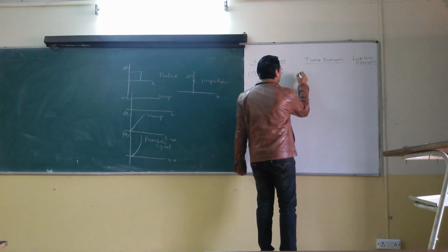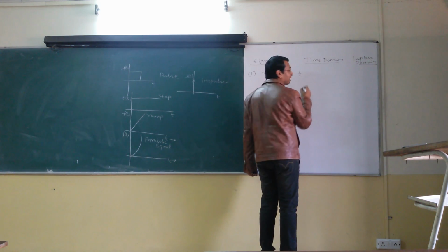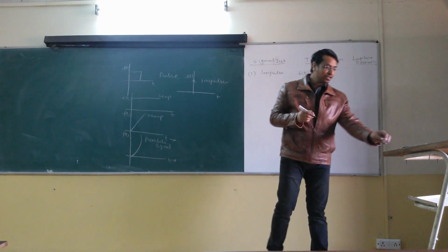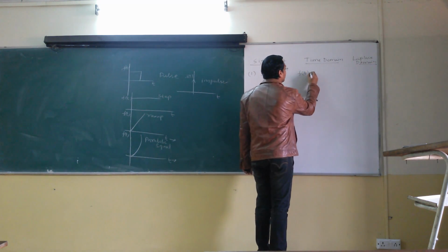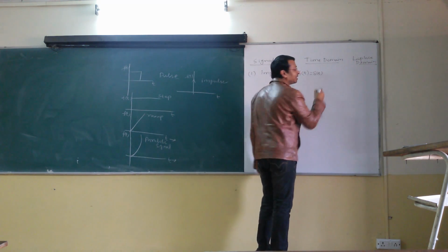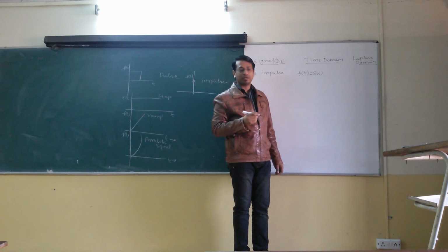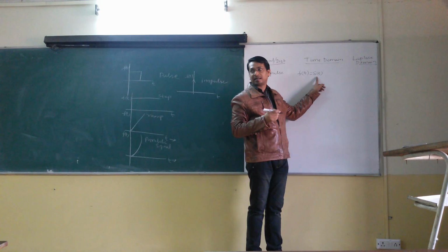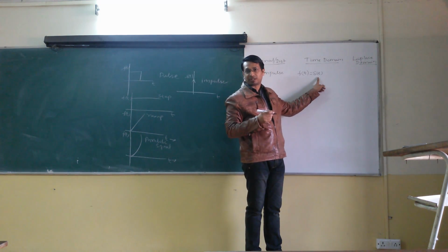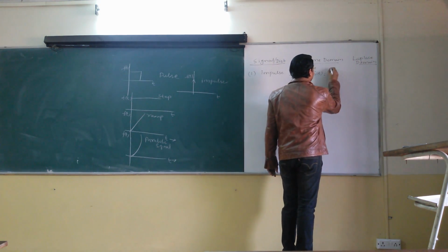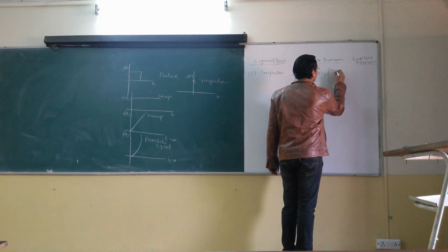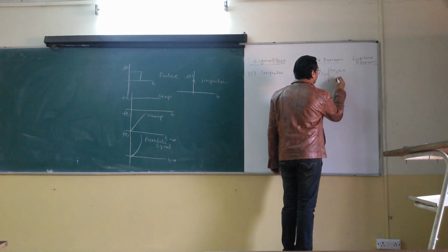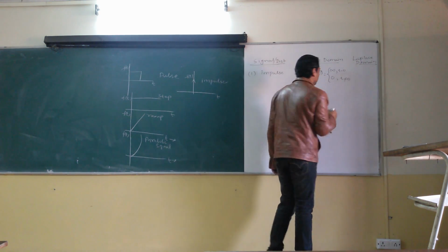So how is this mathematically represented? I am going to represent it as f(t), and more generally, in literature, scholars use delta(t) for the representation of an impulse signal. So if nothing is given, delta(t) by default you can consider as an impulse type of disturbance or signal. This delta(t) is defined as infinity at t equal to 0 and 0 when t is not equal to 0.